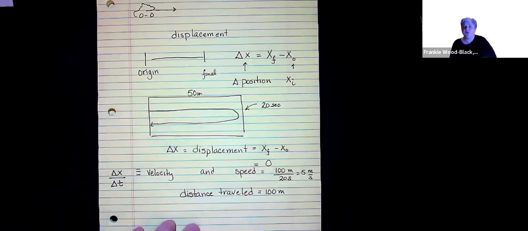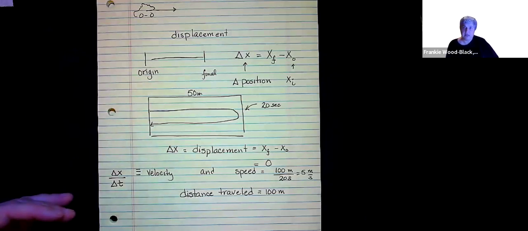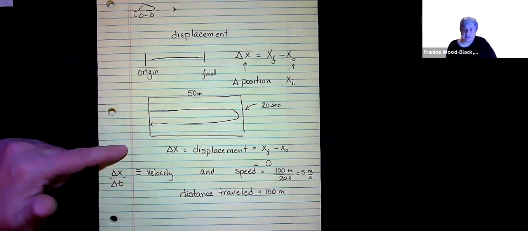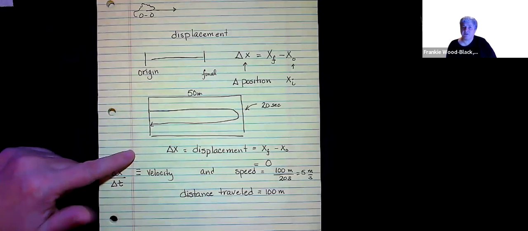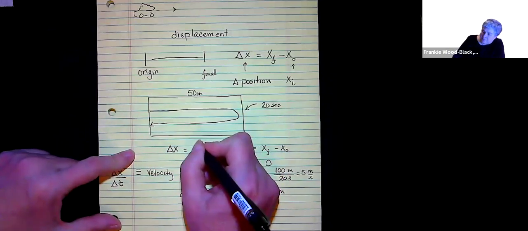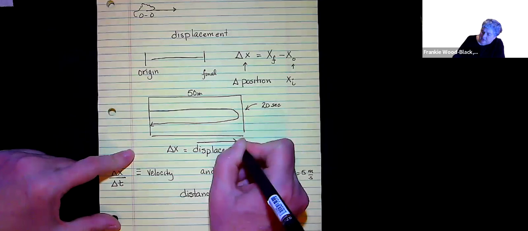It's just a way of discussing how we've dealt with motion, and we're being very precise with our words. The reason we're being very precise with our words is because displacement is a vector.